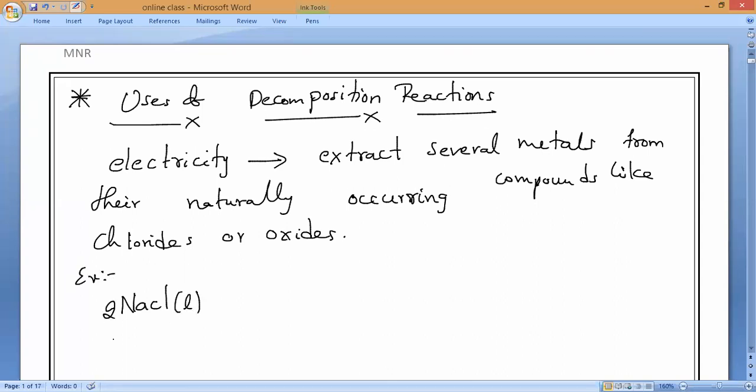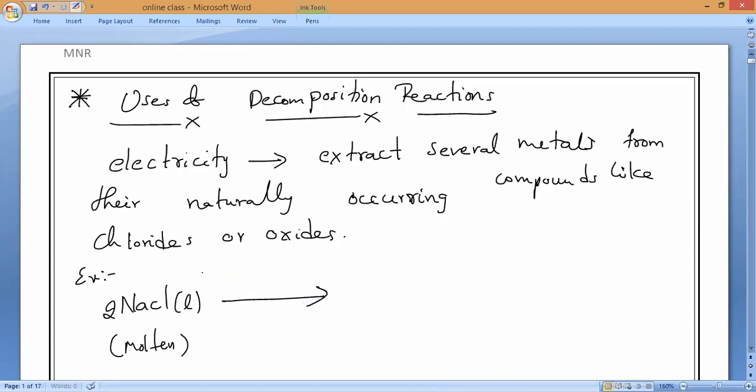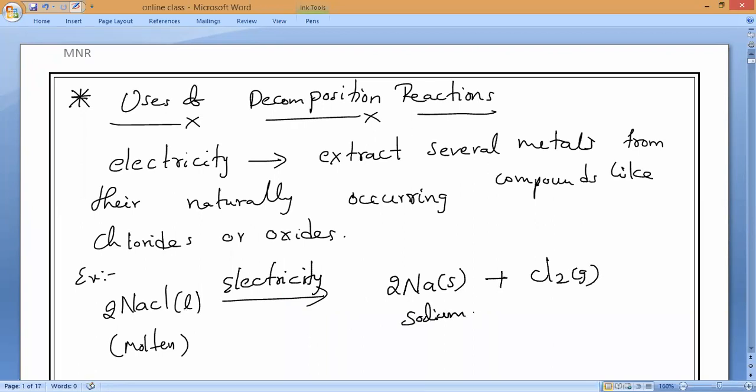As we know, this is the molten state. Molten state means directly melted. If you pass the electricity, like electrolysis, then we get a metal. What is that metal? Sodium metal, plus we get chlorine gas. This is sodium metal.